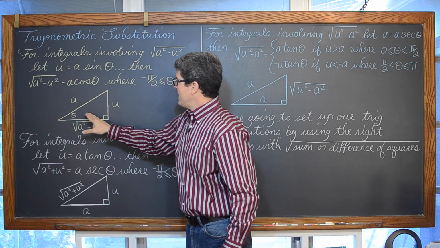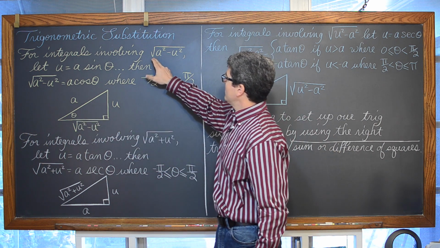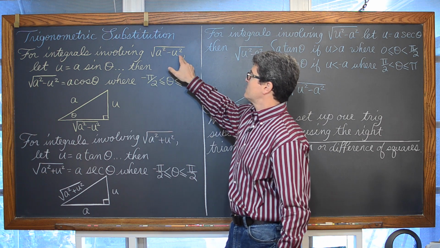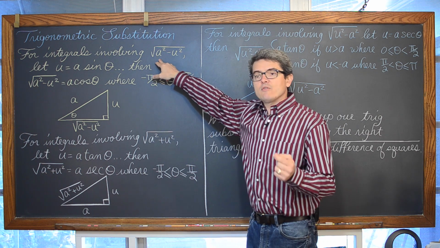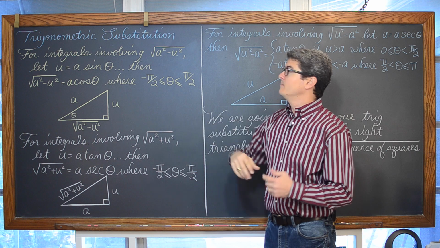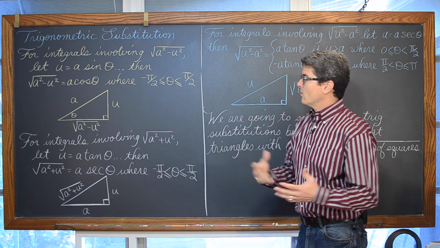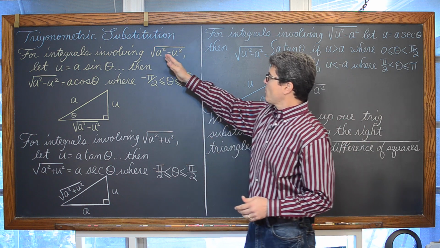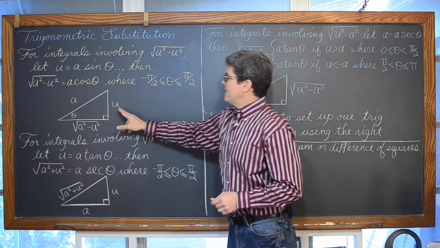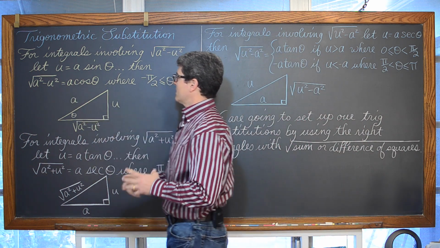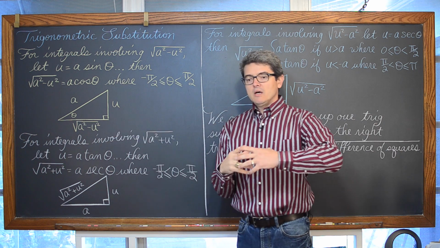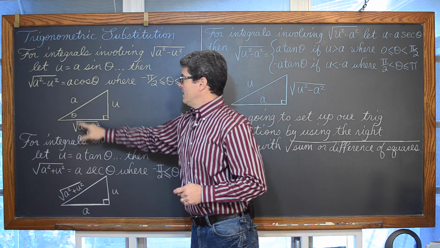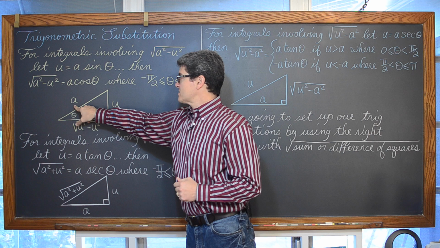So we're looking at right triangle trig, and when you see the square root of a squared minus u squared, a is going to be a variable representing a constant, and u representing a variable or a variable expression. Of course, when you have that a squared plus b squared equals c squared, and you start working out expressions that give you the lengths of a leg, the hypotenuse has got to be the longest side of the right triangle.